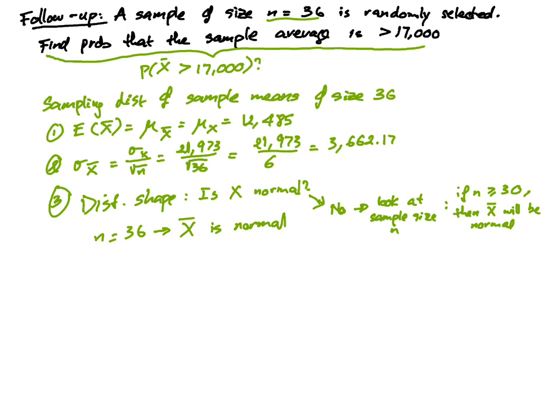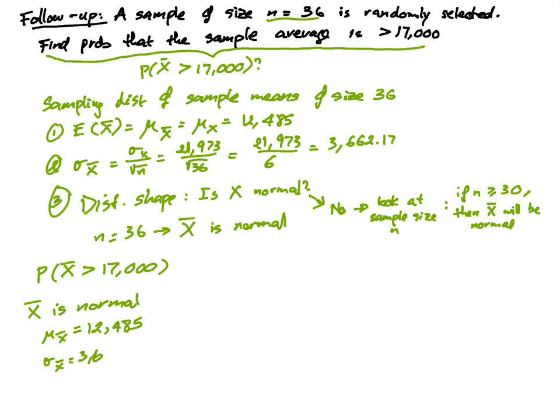Okay. So now we want to find the probability that x bar is greater than 17,000. Know that x bar is normal with a mean of 12,485 and a standard deviation of 3,662.17.